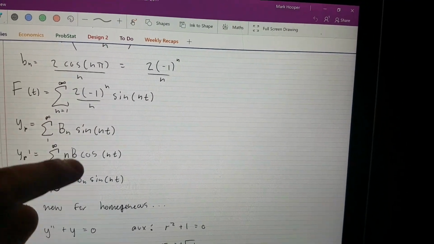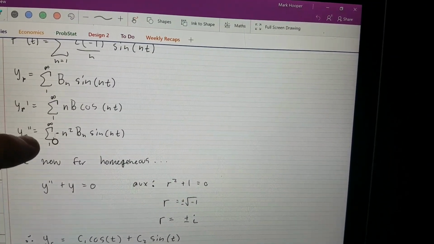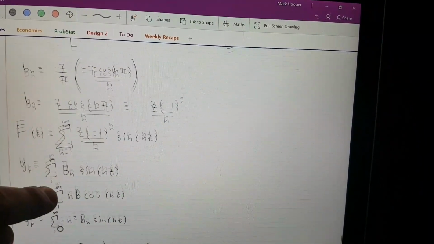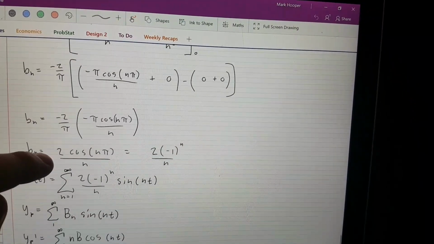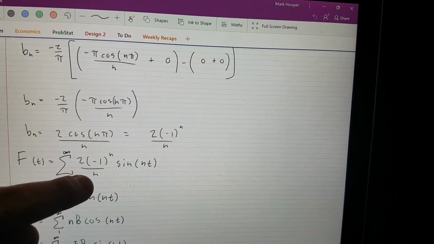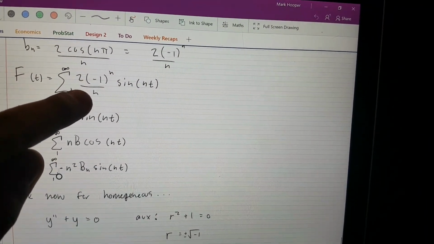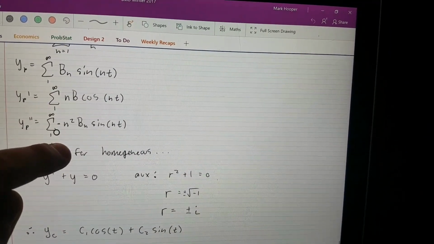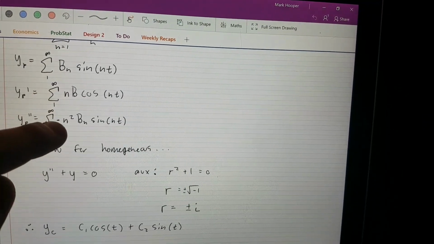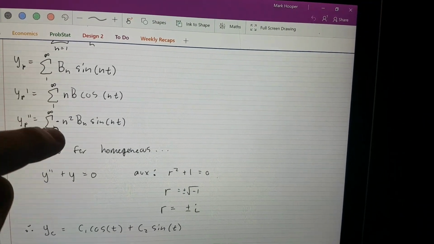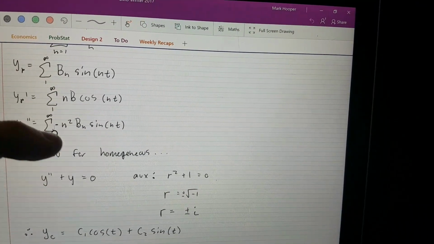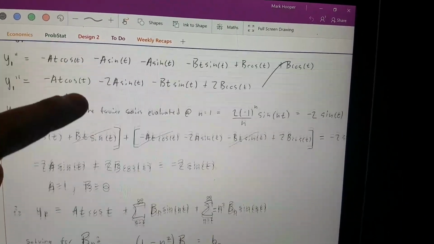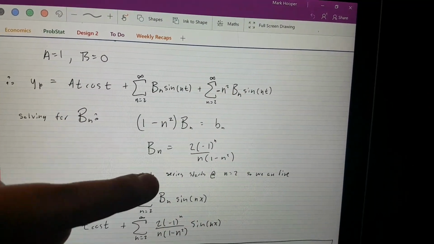So you know that this guy plus this guy has to be this guy. This little bn, so everything's the same. So this little bn is equal to this big bn. That's 1 minus n squared times the big bn, if that makes sense, because these already match. So your big bn is going to be that, right?